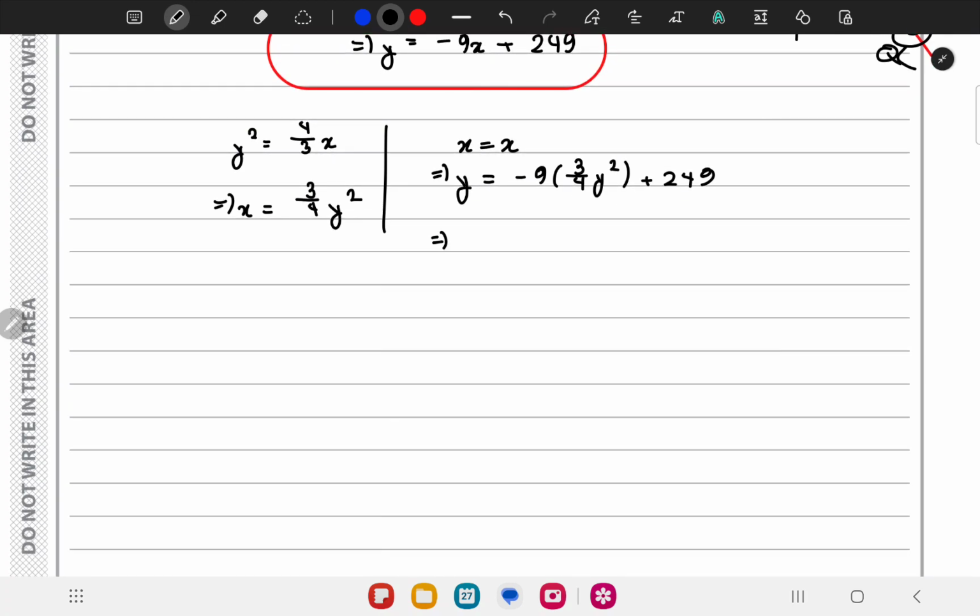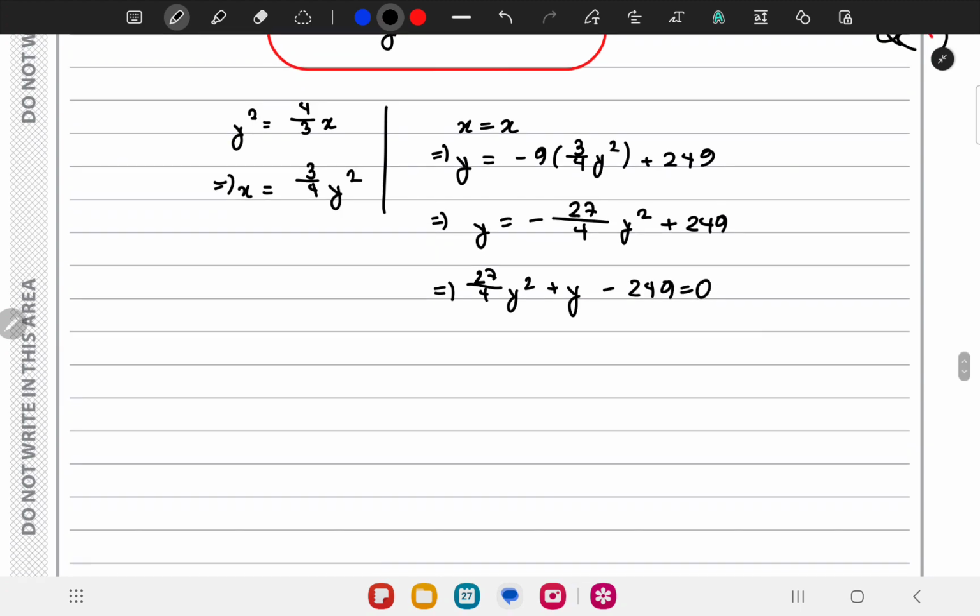I'll have y equals minus 27 by 4 y square plus 249. Taking everything to the left, I'll have 27 by 4 y square plus y minus 249 equals 0.